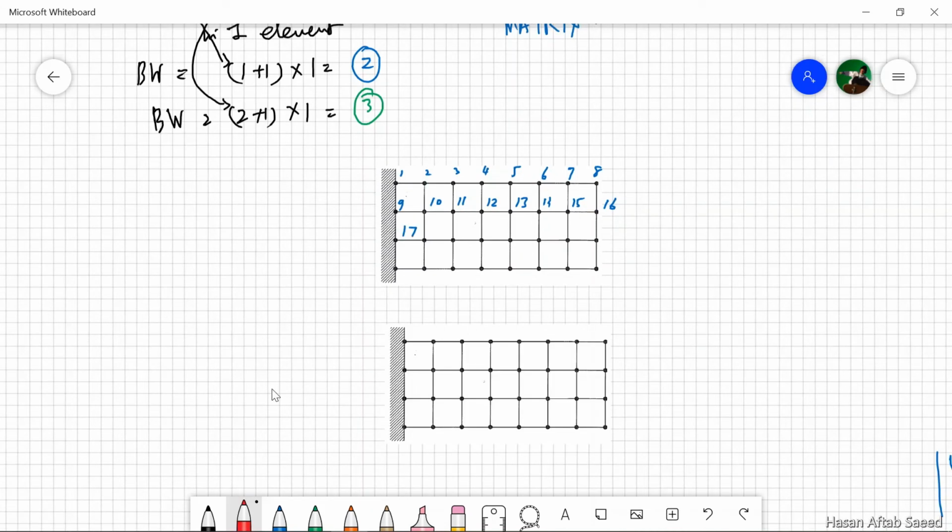Or you could number the nodes 1 2 3 4 5 6 7 8 9 10 11 12 13 and so on. You could do it either way. This is not so intuitive. Which one is correct? You could do it either way.